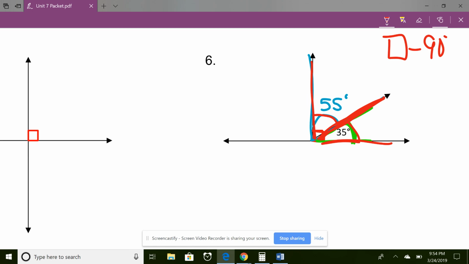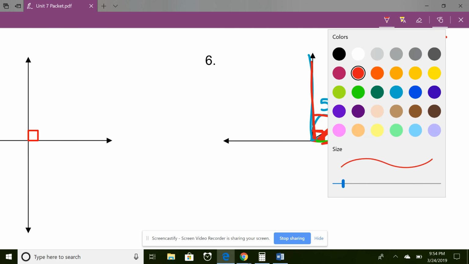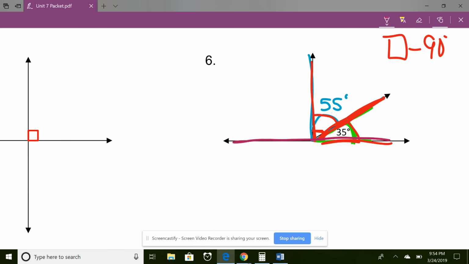Now, knowing that that's 90 degrees and it lies on a straight line, remember we know a straight line is 180 degrees. That means the other angle over here is going to be pretty much everything left over. There are different ways you can do these problems. Just because I do them one way doesn't mean it's the only way to do it.